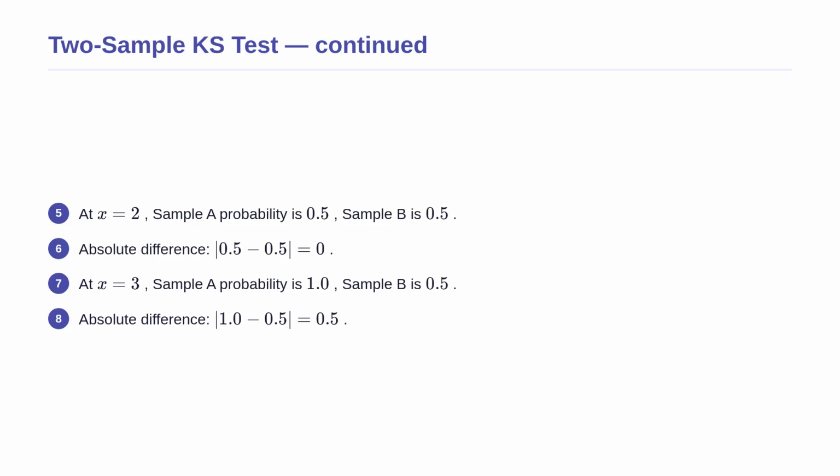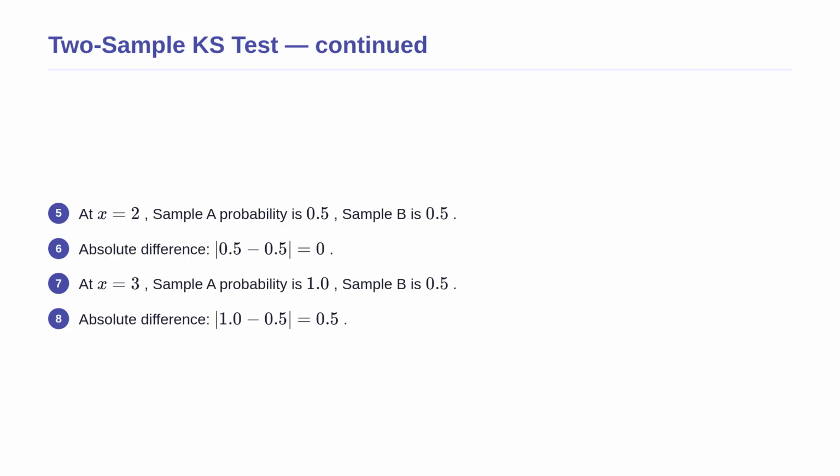Moving along our master list, at the value 2, sample A still only has 1 point, so it stays at 0.5. Sample B now has 1 point, so it rises to 0.5. The difference here completely closes to 0. At the value 3, sample A reaches its maximum with both points, giving 1.0.